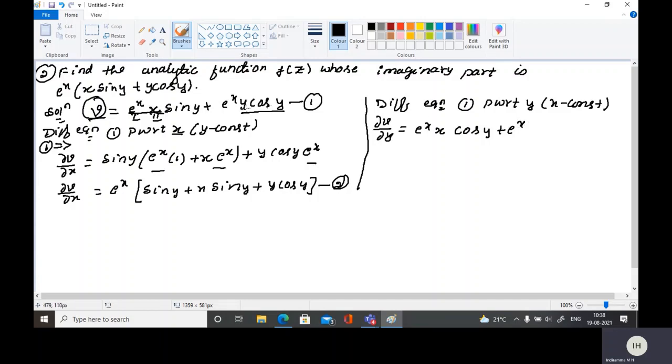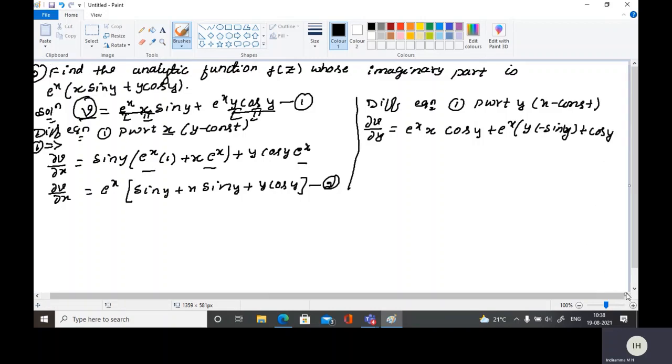Here we have two terms of y, so we have to use the product rule: first function into differentiation of second, plus second function into differentiation of y with respect to y, which is 1 into 1.